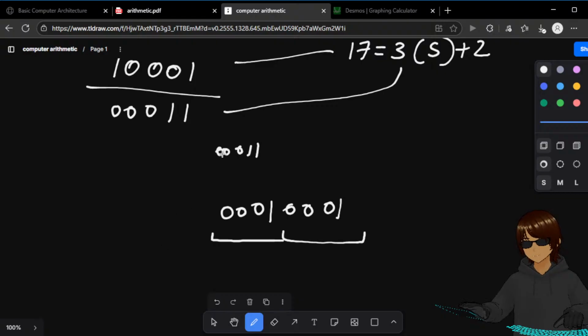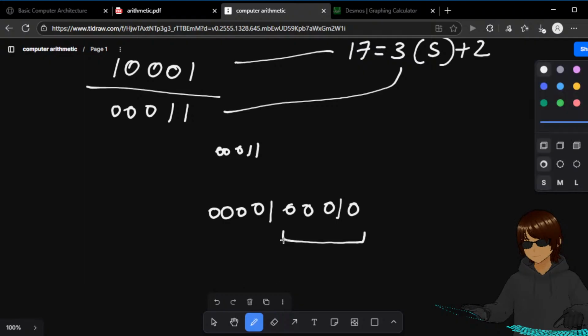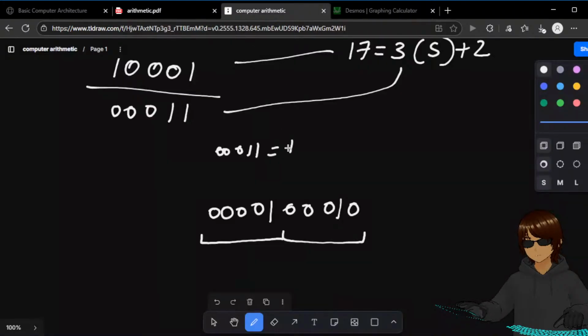1, 2, 3, 4, 5. Then we do this minus this. This is not positive 17.